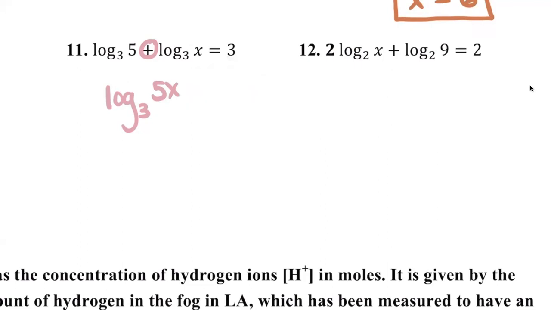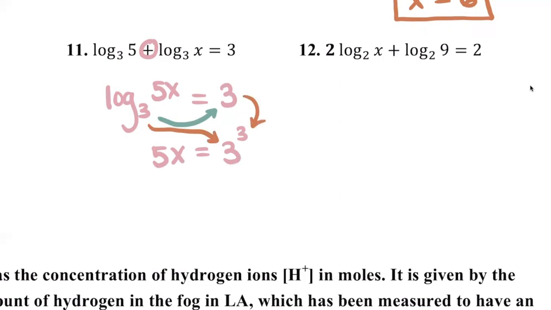I usually have a log there, but that's okay, because what we can do is we can rewrite this into exponential form. So let's bring up that base to be the base of an exponent of 3. So this would be 5x is equal to 3 to the third. All right, and just in case you're like, which 3 is which, this 3 is the base, this 3 became the exponent. Okay.